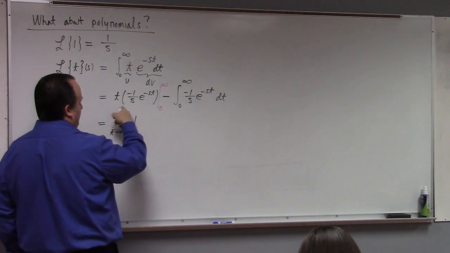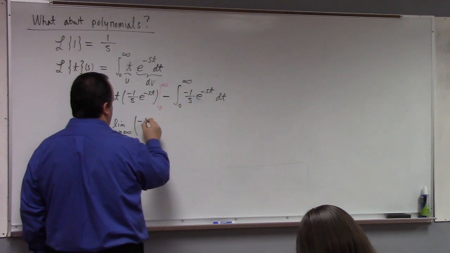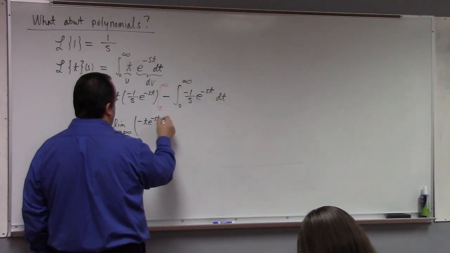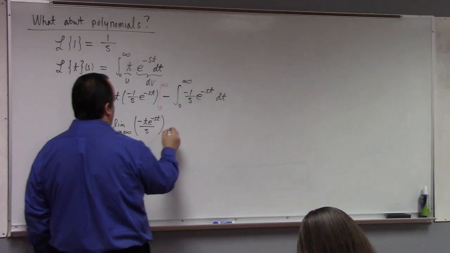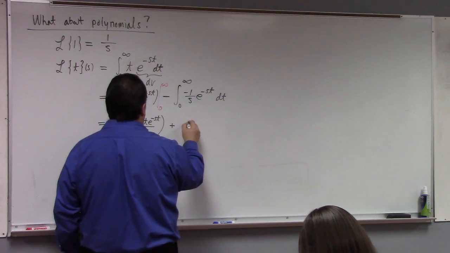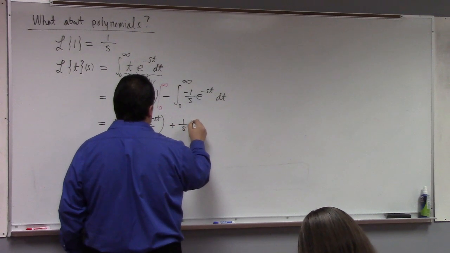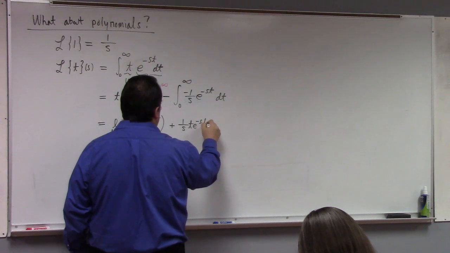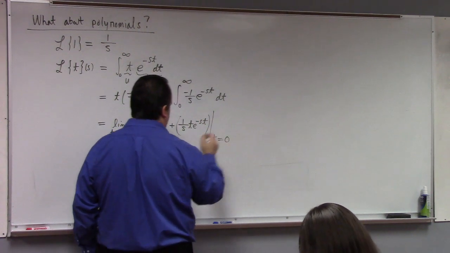The upper bound ends up giving me a minus t e to the minus st over s. All right, and then I've got plus 1 over s times t e to the minus st. I'm just writing this out symbolically and emphasizing we're plugging t equals 0 into that, right?